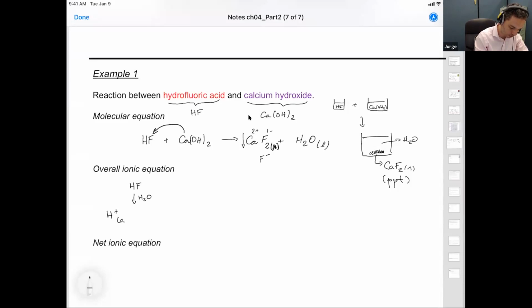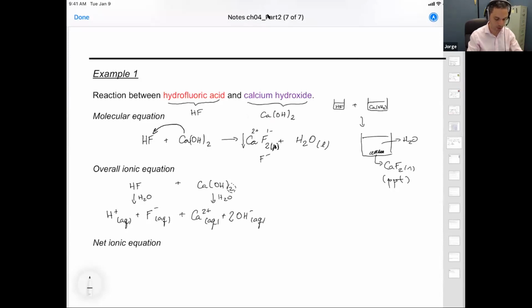HF dissolved in water is going to produce H plus and F minus. Calcium hydroxide dissolved in water is going to produce calcium 2 plus (aq) and OH minus. Attention here, if we have the subscript 2, we need to have the 2 here. Do not forget about that.